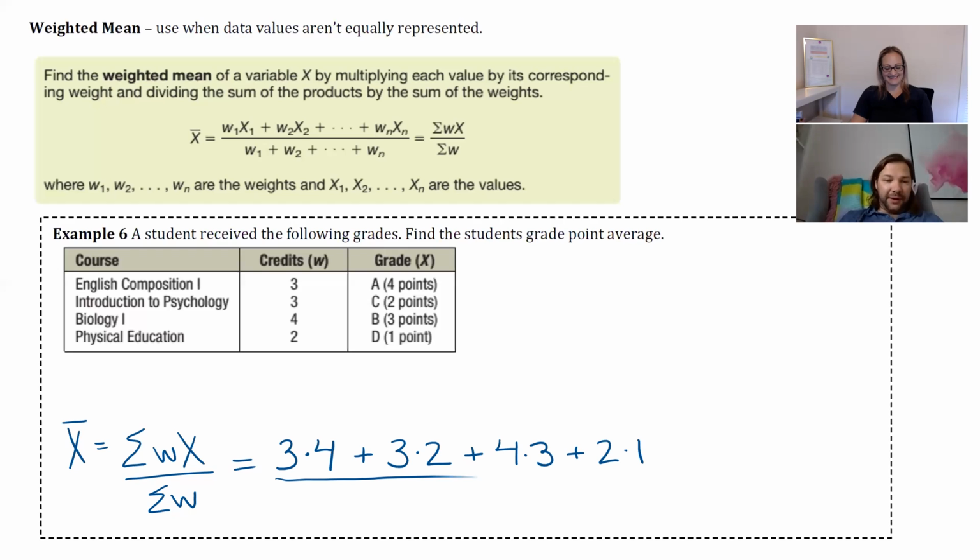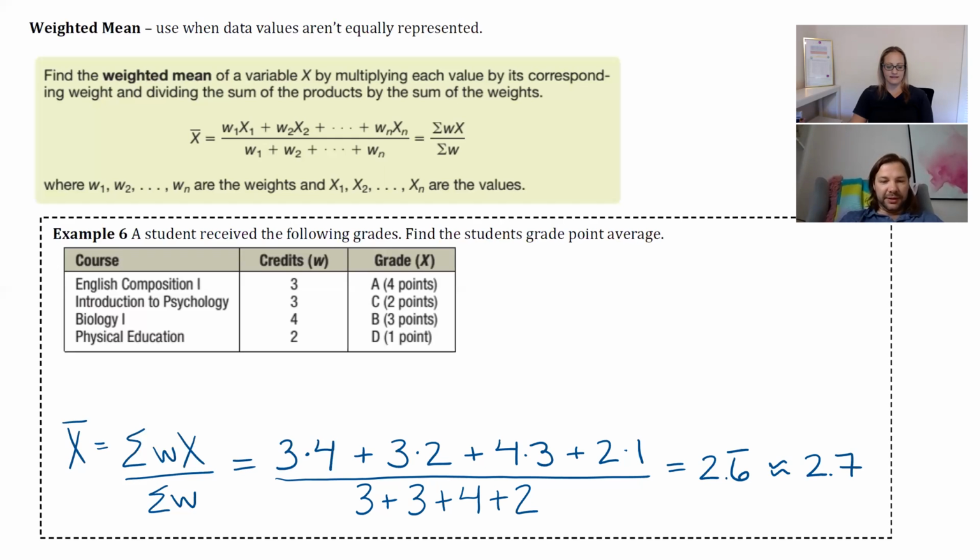Then we divide by the weights, which is 3 plus 3 plus 4 plus 2, which is something I can do in my head. That's 12. And that calculation is about 2.666 repeating, which you could round up to 2.7. So that's your GPA for that one semester.